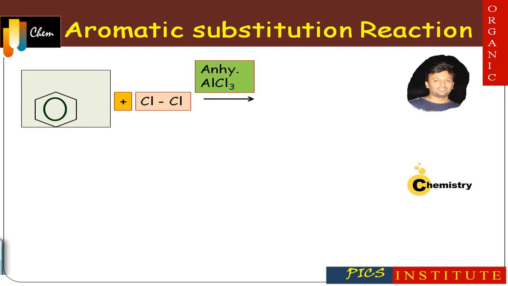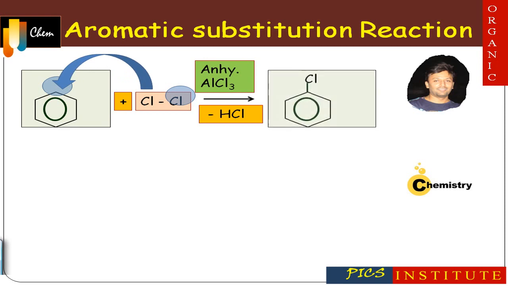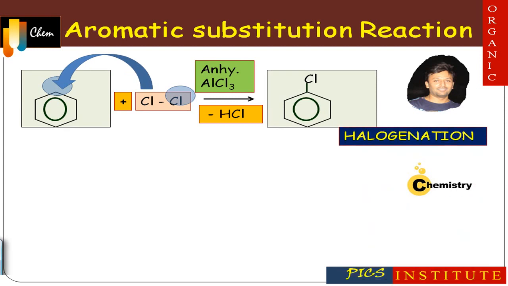Splitting takes place as follows: hydrogen from the benzene ring and halogen from the adding agent are removed as halogen acid, HCl, and the remaining part occupies the position on the benzene ring to form chlorobenzene. In this reaction, halogen is substituting on the benzene ring, so the reaction is called halogenation reaction.